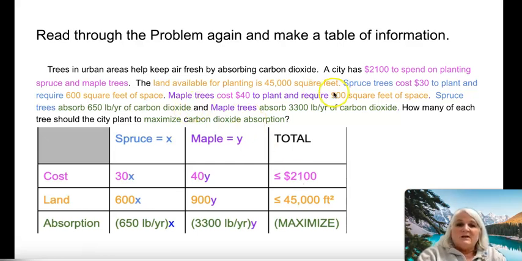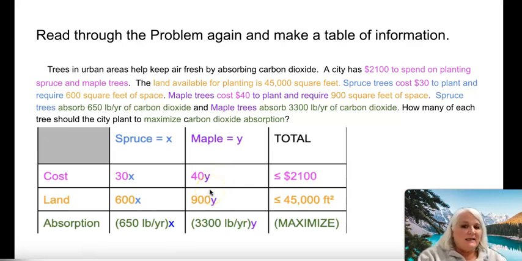And it says that the spruce trees cost $30. So under the spruce in the cost row, I put 30 times X, $30 times the number of spruce trees. In the maple section, I put 40 times Y because it's $40 for the cost of the maple tree, and Y, again, is the number of maple trees.